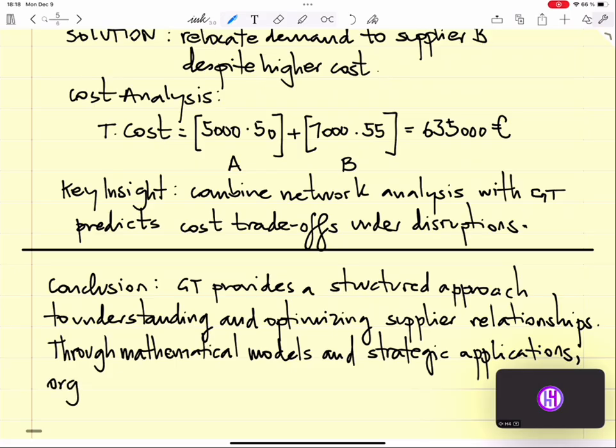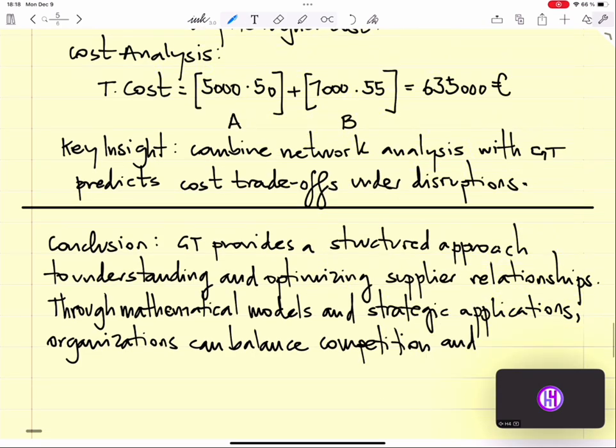Organizations can balance competition and cooperation.